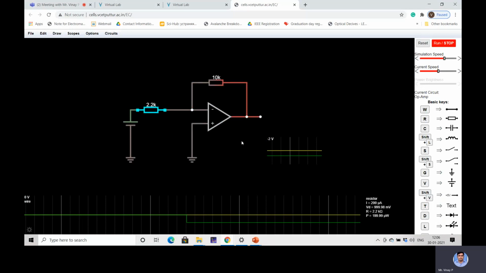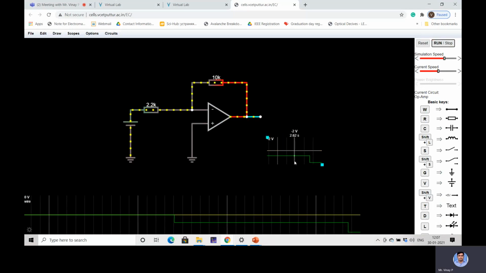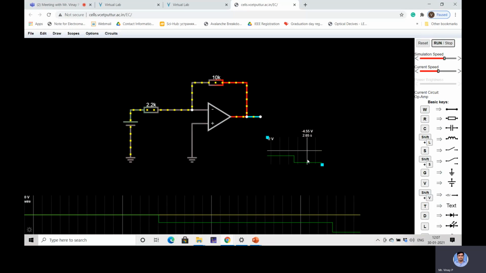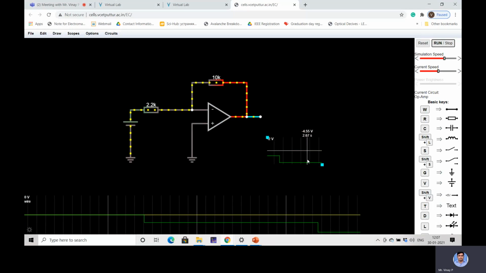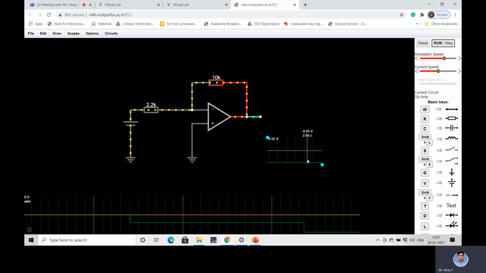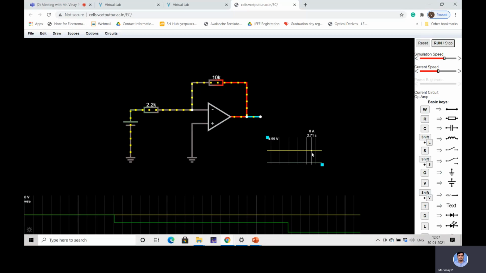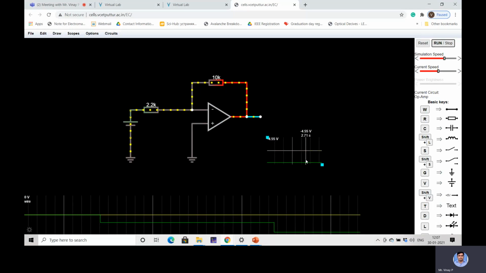Just click OK and run this. You can observe there is a change in the output voltage now. 10 divided by 2.2 is 4.54, multiplied with 1, so we're expecting an output voltage of minus 4.5.